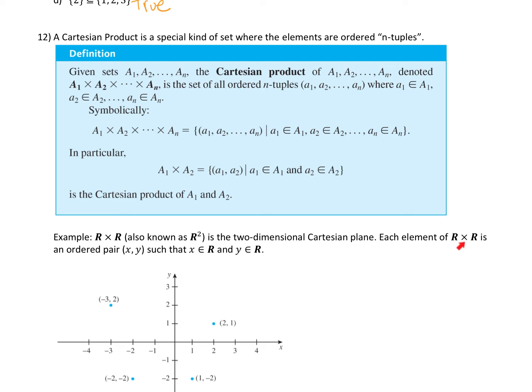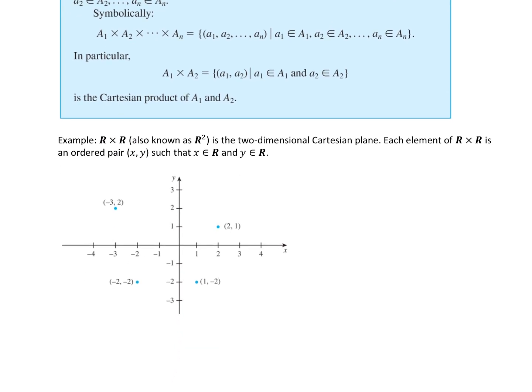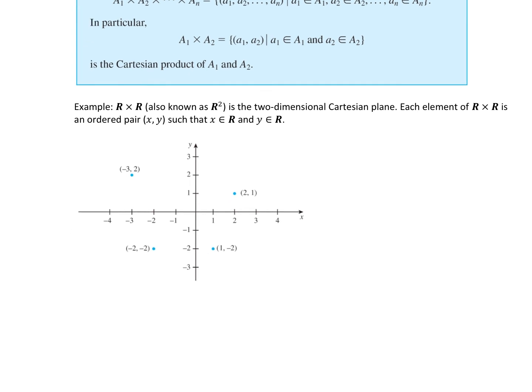Each element of R cross R is an ordered pair, x comma y, such that x comes from the first set, the reals, and y comes from the second set, the reals. So it's just the coordinate plane, also known as the Cartesian plane. There's a picture, I've plotted a few points in here.